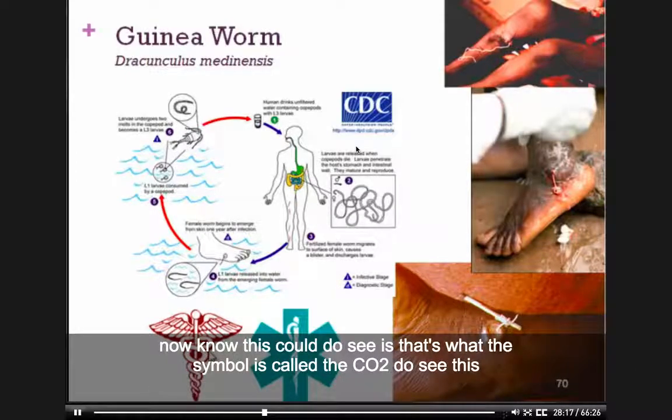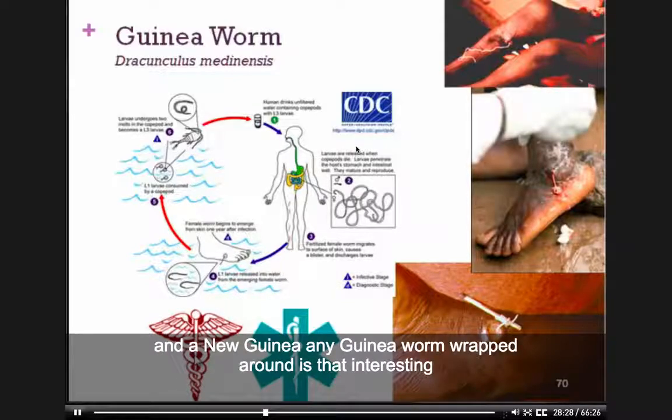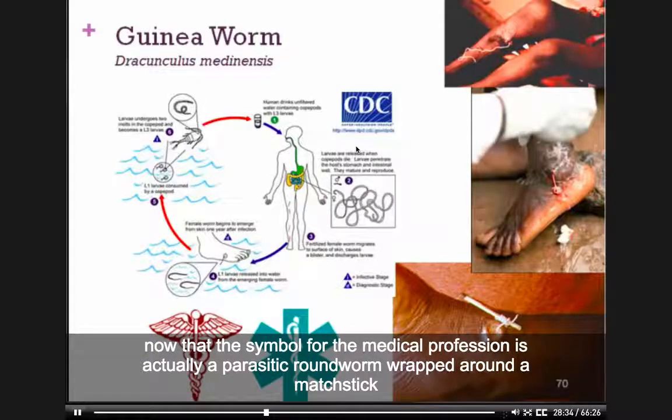No, no, no. This caduceus, that's what this symbol is called, the caduceus, is actually probably a matchstick and a guinea worm wrapped around it. Isn't that interesting? Yeah, the symbol for the medical profession is actually a parasitic roundworm wrapped around a matchstick.